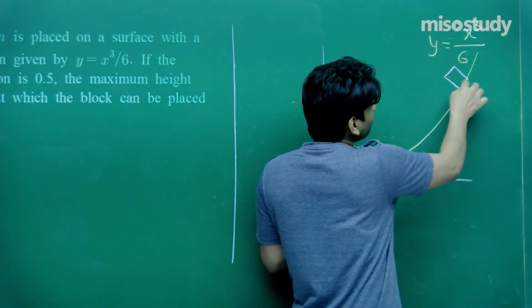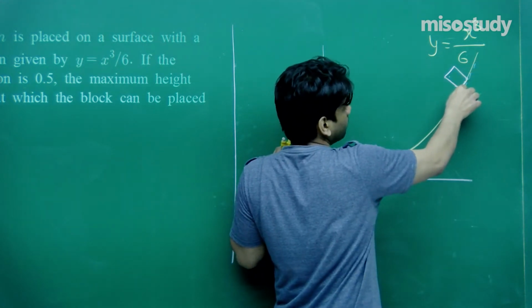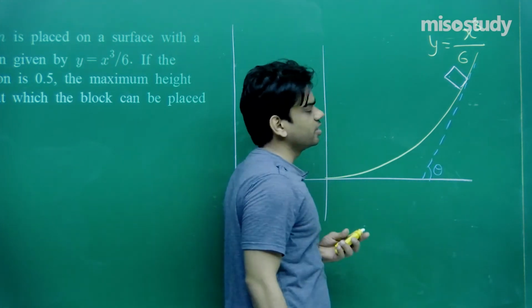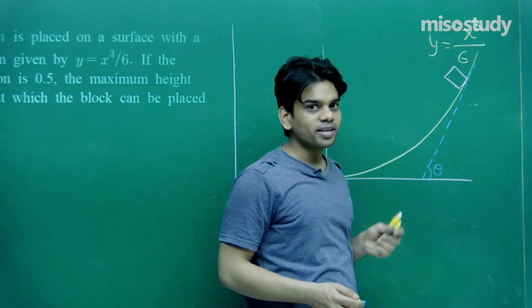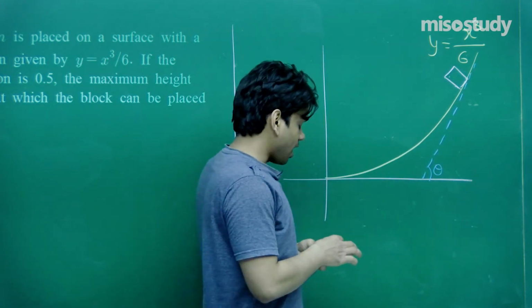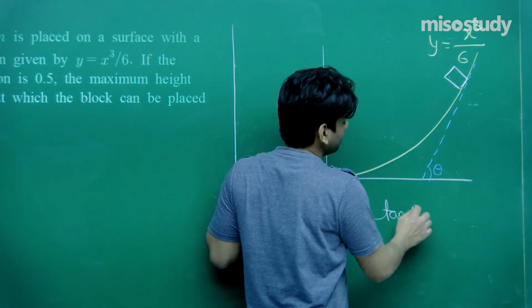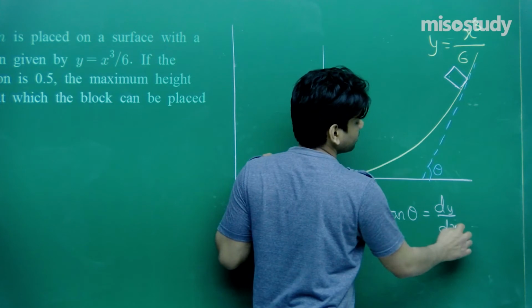And now if I find out the value of tan theta, if I say this is theta, I have actually drawn a tangent here. Now if I write down the value of tan theta, you all must be knowing that it is dy by dx.